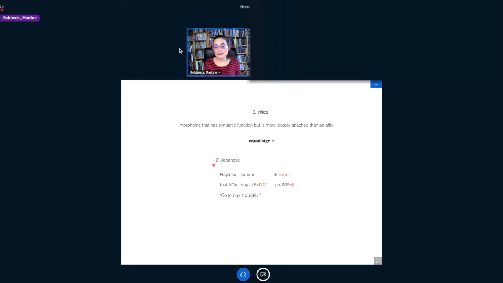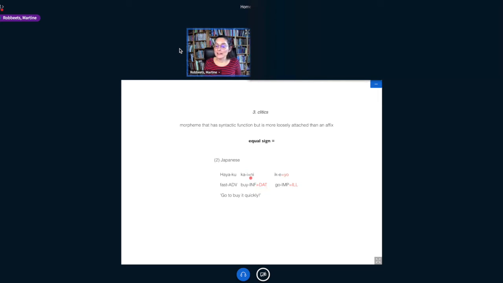So, for instance, our second example, from Japanese, hayaku kai ni ikeyo. Here we have this ni, which is a dative suffix or a dative particle, it's also called, that is less bound to a word than the other suffixes, and that's why we indicate it here with an equal sign.